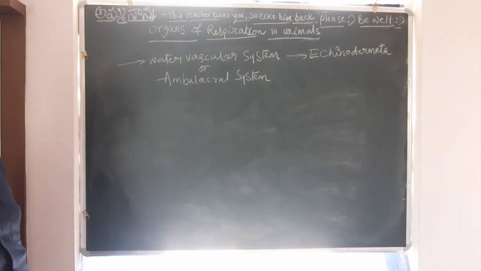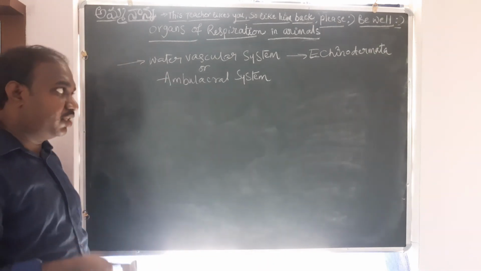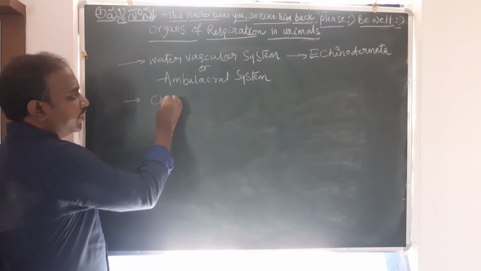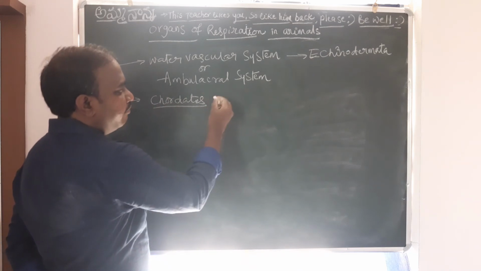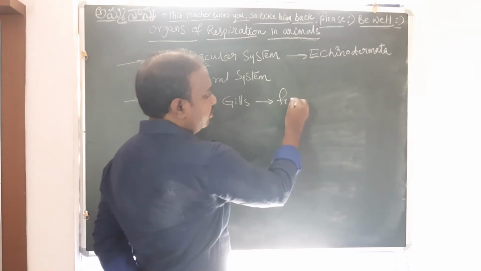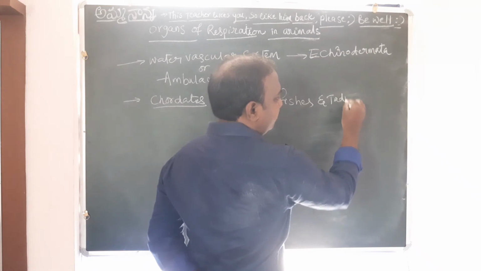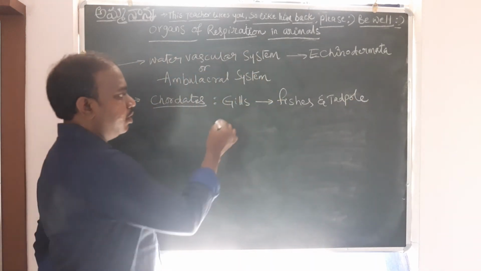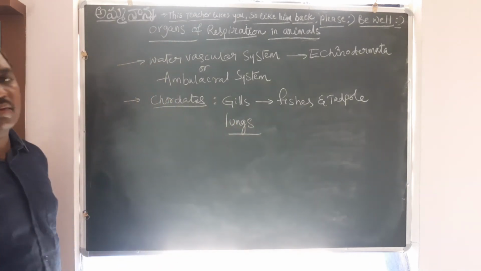In hemichordata we have seen the gills. Primitive chordate animals also have the gills. What about the advanced chordate animals? In chordates, as I have explained before, the gills are in fishes and tadpole larvae, and then lungs, specialized structures called vascular bags.